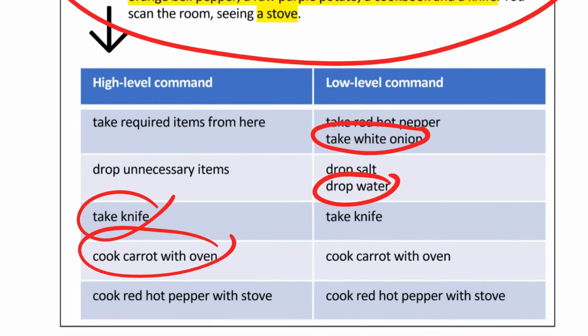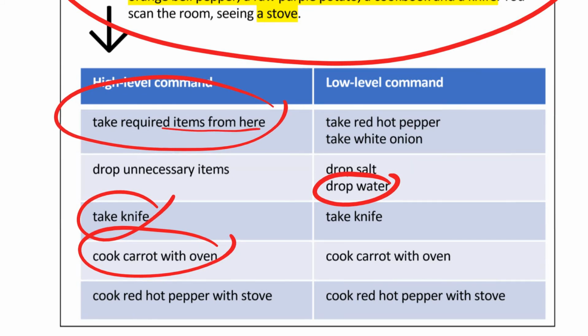So the authors also group these things here in what they call high-level commands, which take all required items from here. This simply means take everything that's in the room that is not in the inventory but you need it. For an RL agent, it makes sense to group these things together, because it doesn't make sense to have them as two separate things. If you need both, take both.